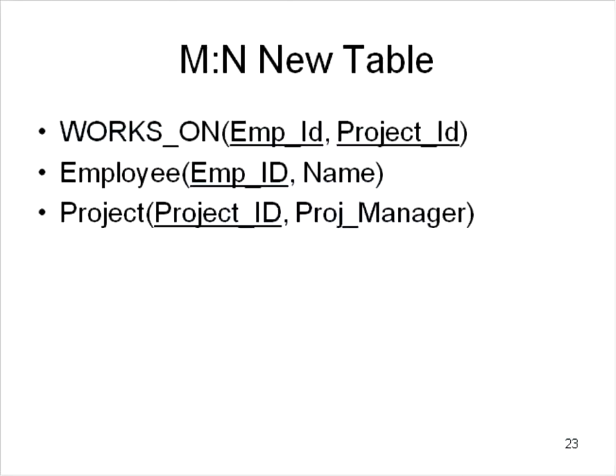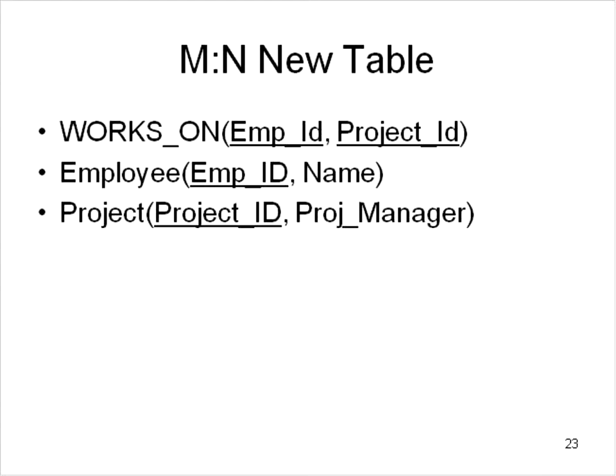So mapping this, you would have the employee table with employee ID as the primary key and the other attribute name. And of course you would have the project table with project ID as the primary key and project manager as the other attribute.